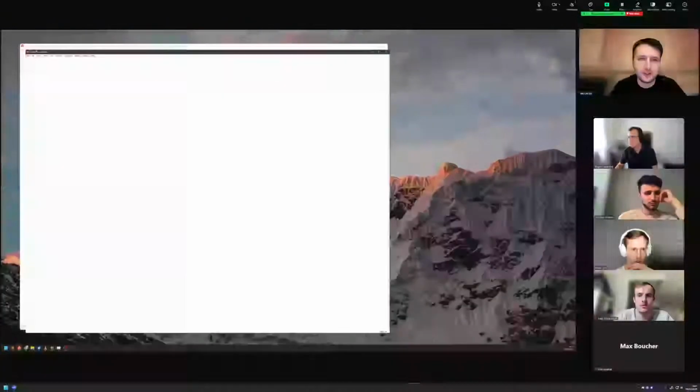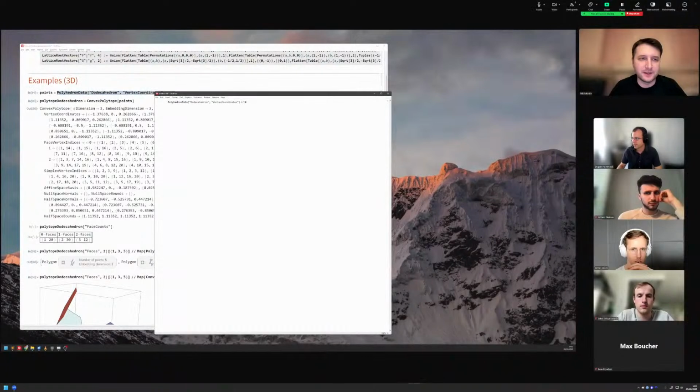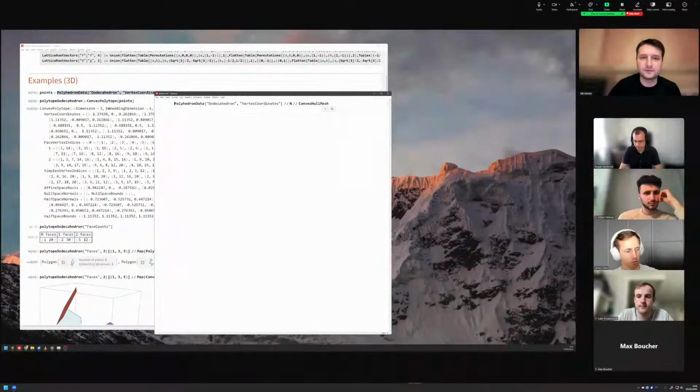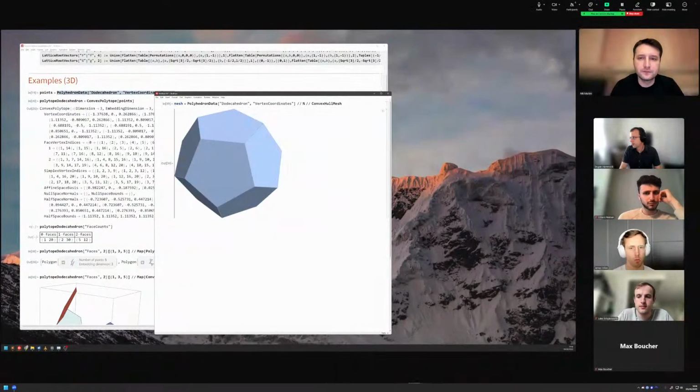Yeah, I think you're right. Can I test it out? Maybe it doesn't have to be a mesh. Well, that should work. Is that the native functionality, though?